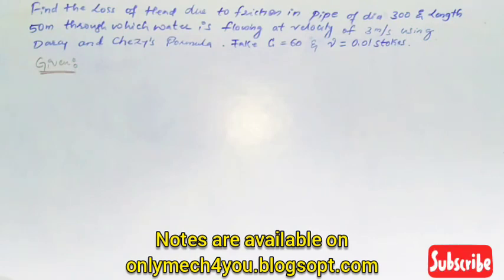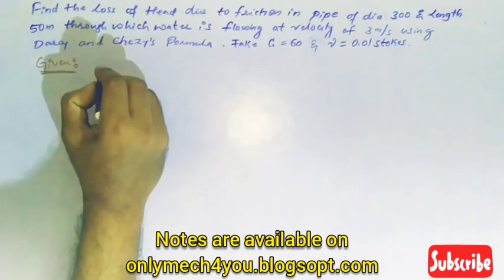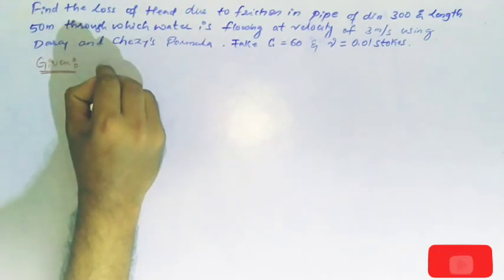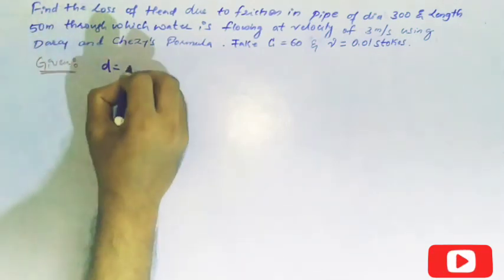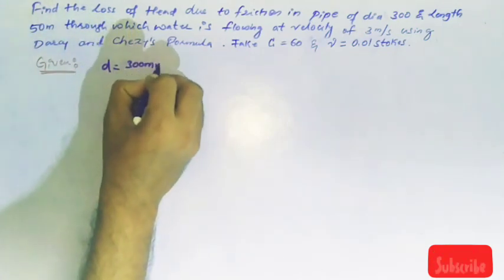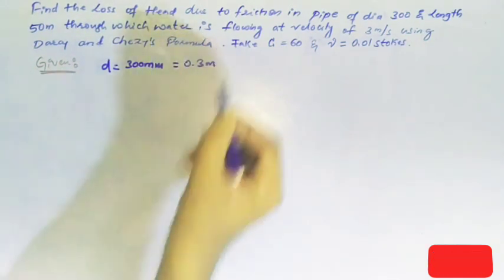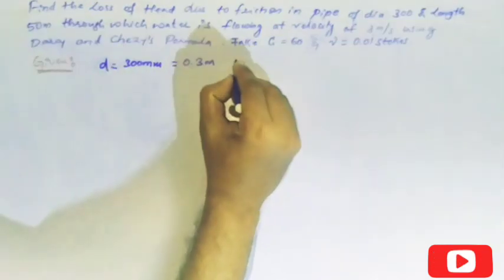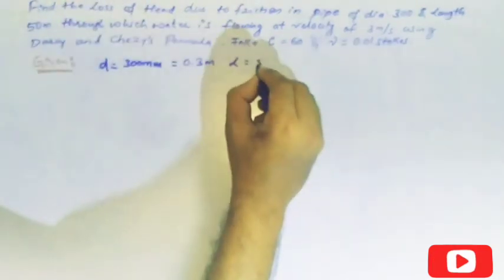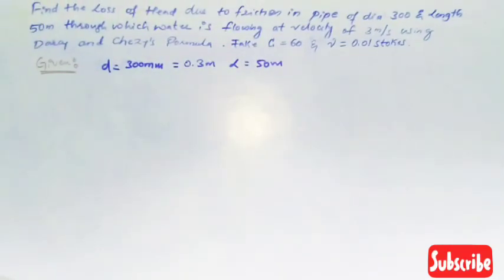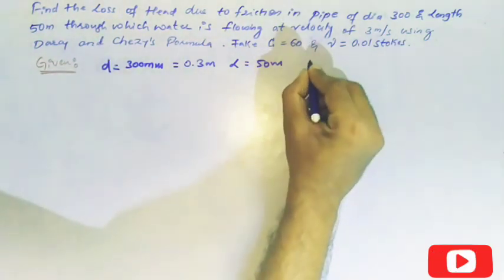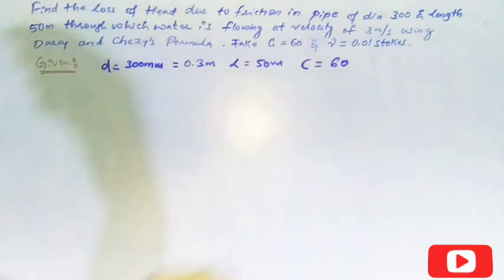Now let us note down the given data. The diameter of the pipe D is equal to 300 mm, that is nothing but 0.3 meter, and the length of pipe is given, that is 50 meter, and the Chezy constant C is 60.